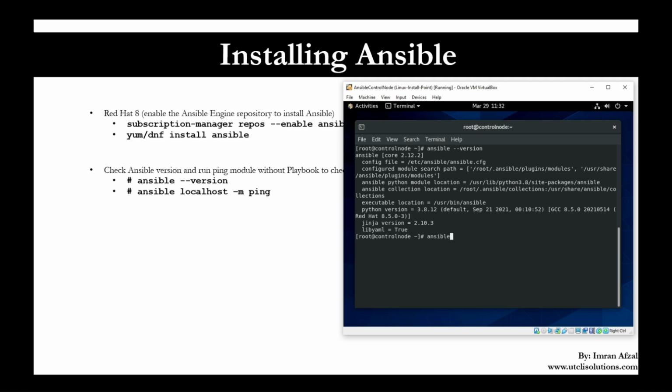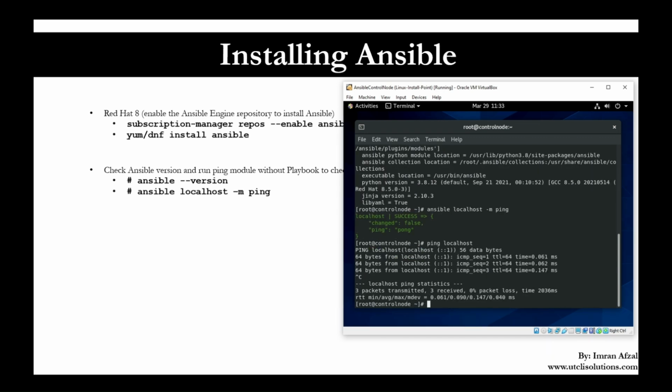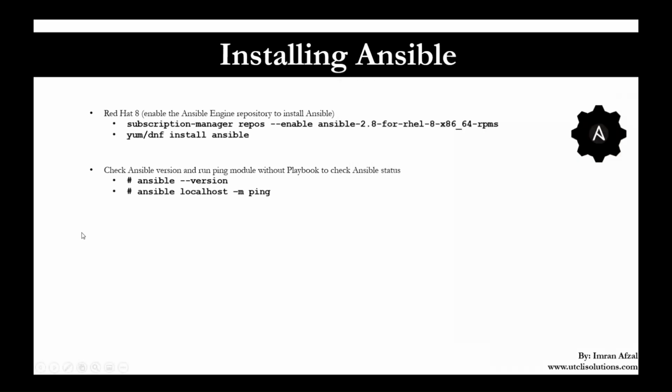So it will be ansible localhost -m ping. This command is going to run the Ansible module called ping against the localhost. So simply as if we are doing ping localhost, and it is pinging and confirming it could ping the localhost, just like that, we have a ping module within Ansible. By the way, there are many more modules that we will cover later on, but for now this is what I wanted to confirm to see if Ansible has been installed.